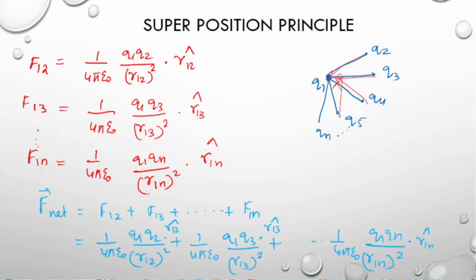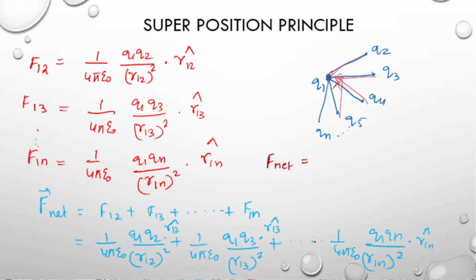I'll just write it over here so that it will be visible, right? So how to write it in the very simplest form? Your F net will be equal to, see, Q by 4 pi epsilon naught. 1 by 4 pi epsilon naught is common for all terms.